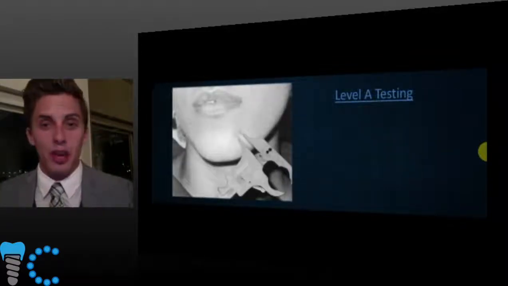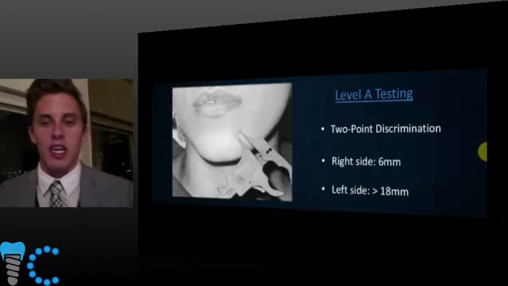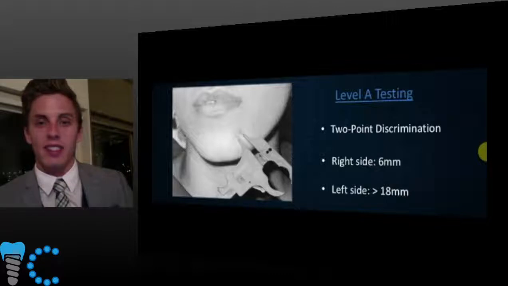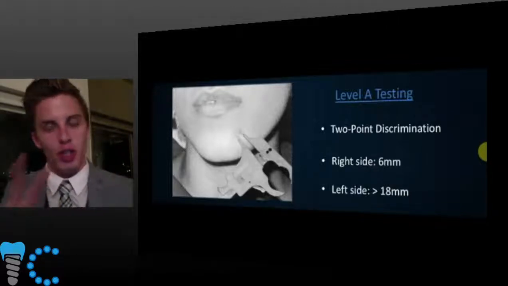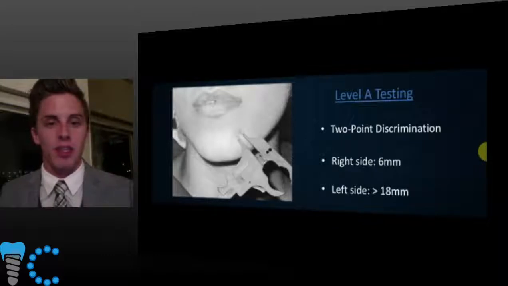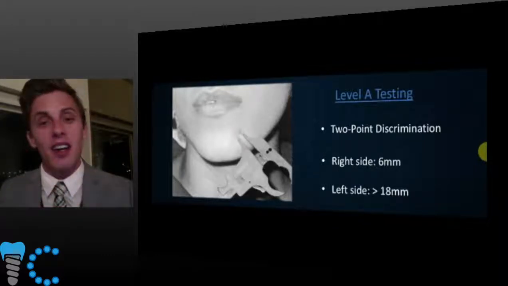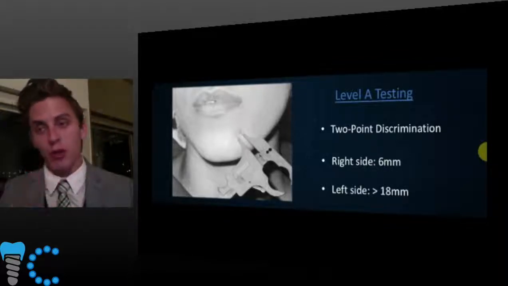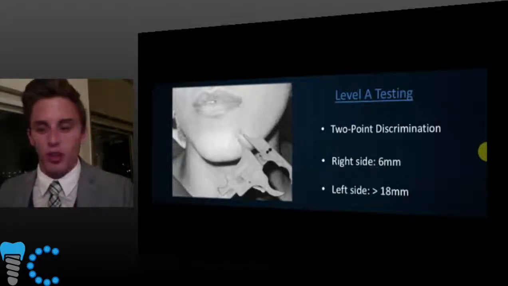We did level A testing, so remember that this is 2-point discrimination, and what we see is interesting, but it's not surprising. On the right side, which was not affected, she could determine 2 points within 6 millimeters. On the left side, because she had that nerve injury, those two calipers had to be 18 millimeters apart before she could feel 2-point discrimination, and that shows that there is nerve injury.